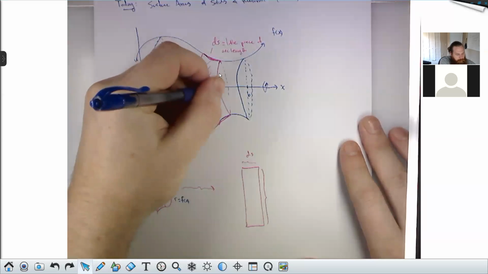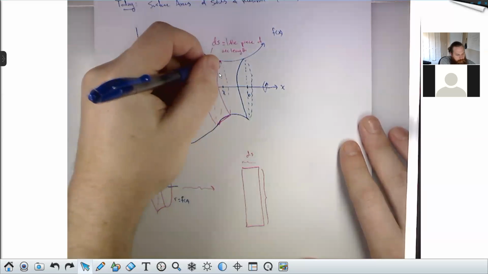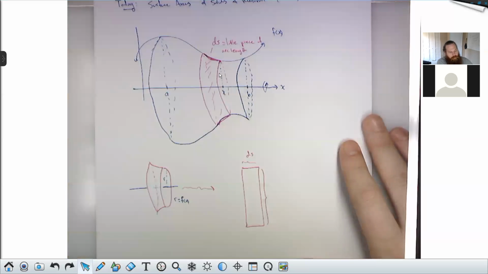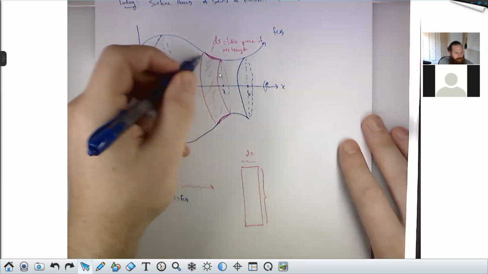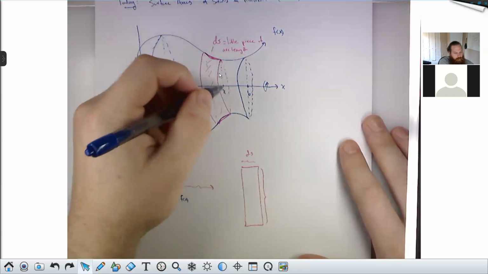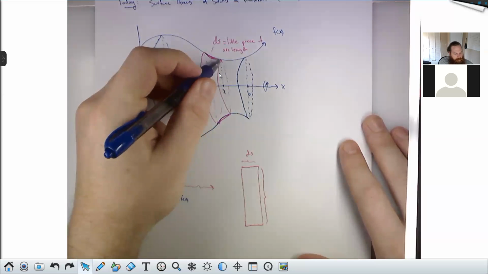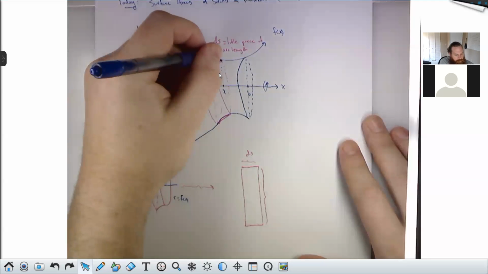Right, if we're stopping here at a particular x value to draw this little patch, then that vertical distance, from the axis of rotation all the way up to the curve where this patch is taking place, is the height of the function here, because this point is x comma f of x.